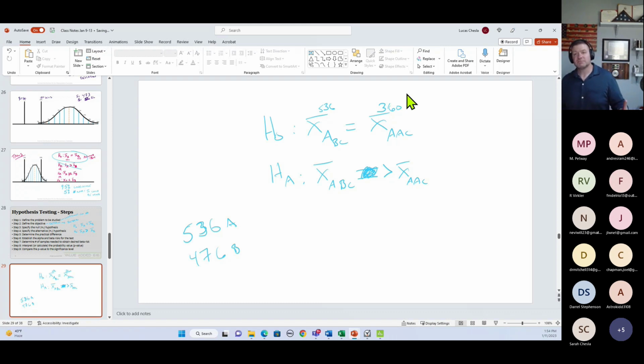Okay, cool. So I can already tell you without running the data or doing any testing on this, do you think there'd be a statistically significant difference between 536 and 360? Do you think they're just different by random chance, or do you really think that'd be pretty significant? They would be different. That's almost 200 seconds apart.